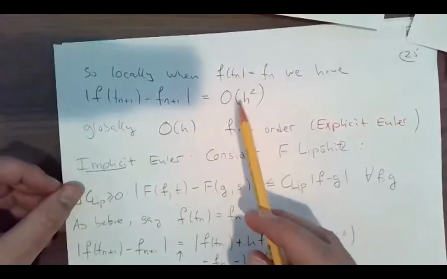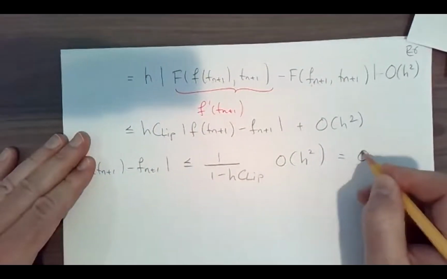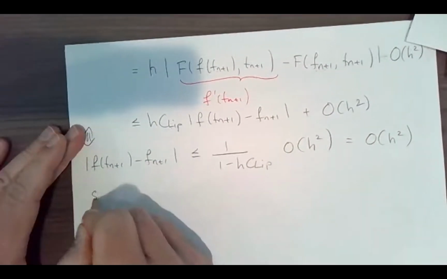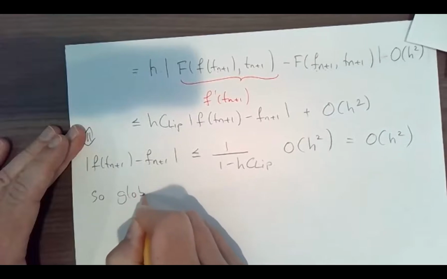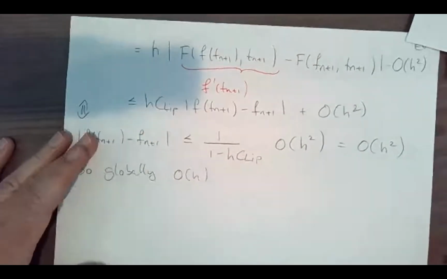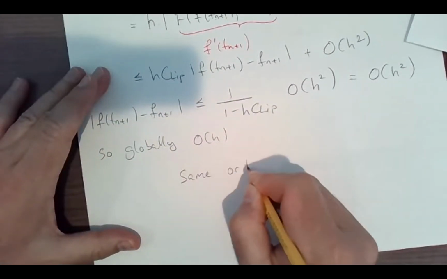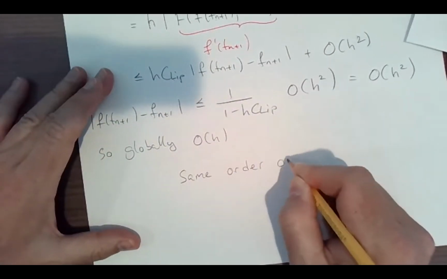We had the local analysis was O of h squared. I think here it is O of h squared. Right, so globally, you lose one of these, and you're going to get O of h. Right, so there's no difference. You have the same order of convergence.